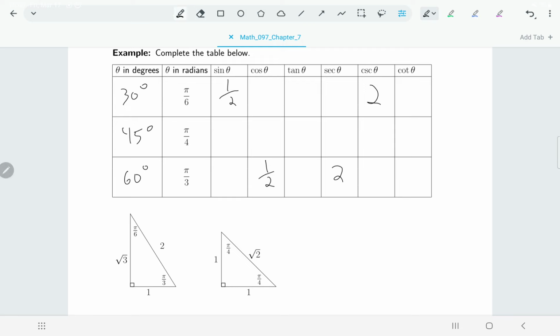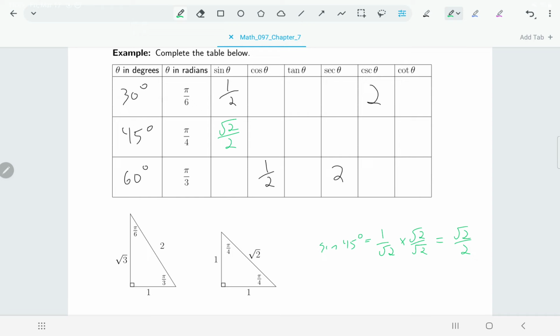So if I wanted to think about sine of pi over 4, sine of 45, sine is opposite over hypotenuse. So sine of 45 degrees is 1 over root 2, which once we rationalize our denominator, gives us root 2 over 2. So I know sine of 45 degrees is root 2 over 2.